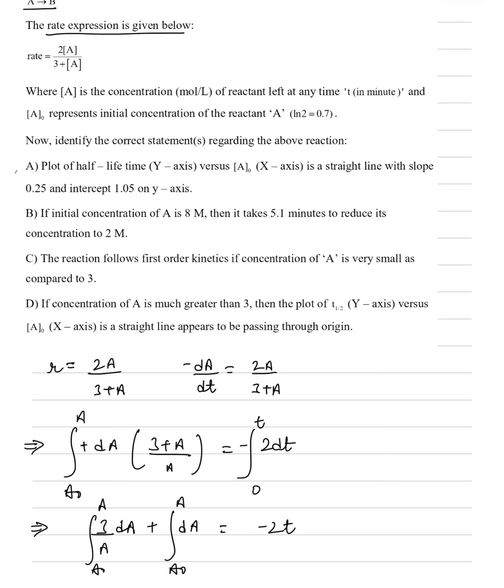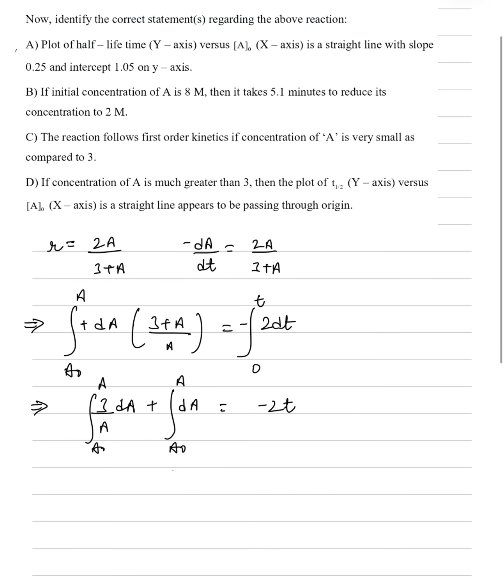Now taking the concentration terms on one side and the time term on the other side, we will reach this point. The integral limits will be at t equal to 0, let's say the initial concentration is A naught, and at any time t the concentration is A, right? Upon further solving, we reach this limit.